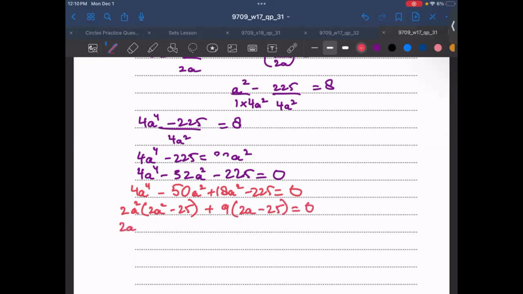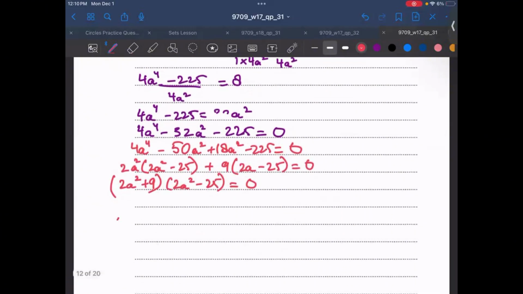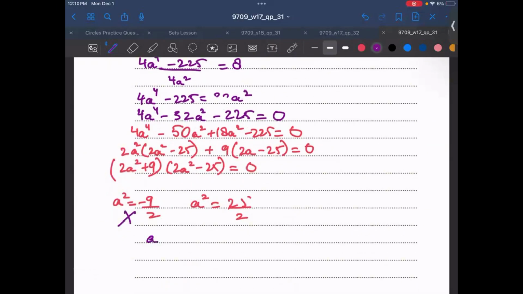So one of the factors is 2a squared plus 9, and the other is 2a squared minus 25, equals 0. So we'll get a squared is equal to minus 9 upon 2, and a squared is equal to 25 upon 2. As the square root of a negative number is not possible, this will cancel out. So a will be equal to the square root of 25 upon 2, which will become 5 divided by root 2, and this will be plus minus.